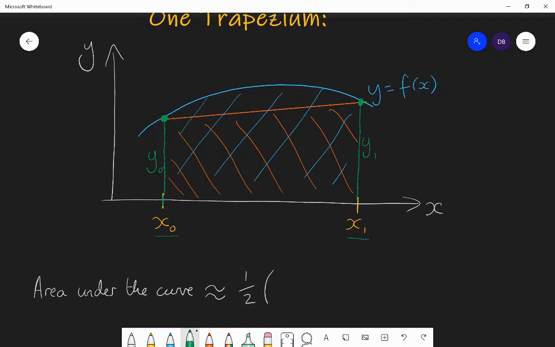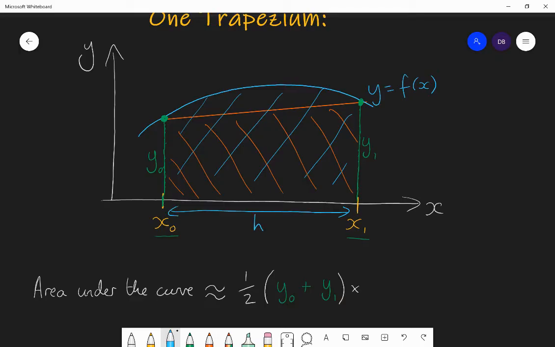trapezia. So, half the sum of the parallel sides. The sum of the parallel sides is y0 plus y1, multiplied by the distance between the two parallel sides. The distance between them is x1 take away x0. It is this distance here. I'm going to call that distance h.